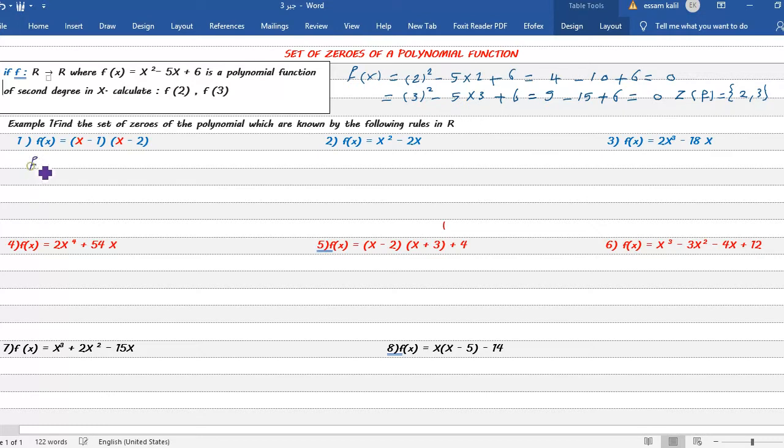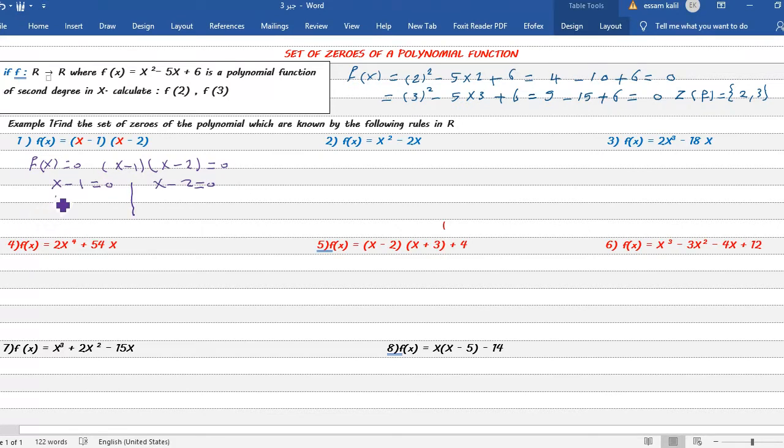Put f of x equal 0. يبقى then x minus 1 times x minus 2 equal 0. يبقى then x minus 1 equal 0 and x minus 2 equal 0.